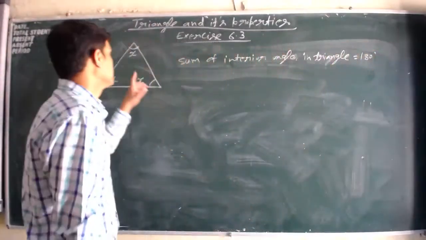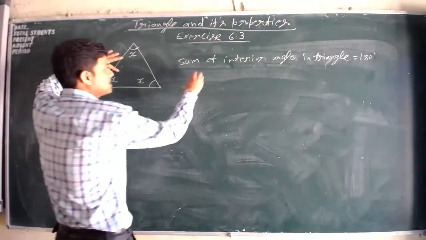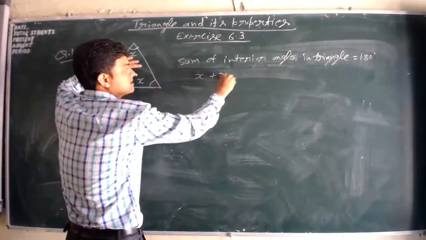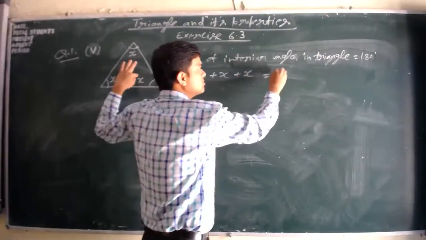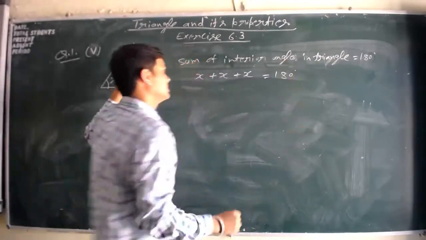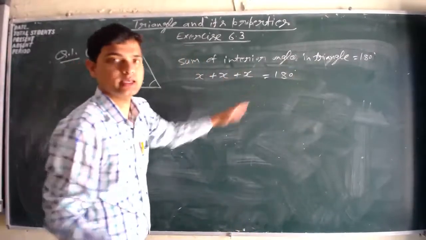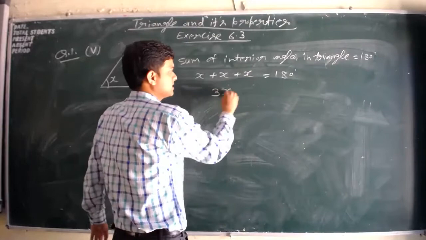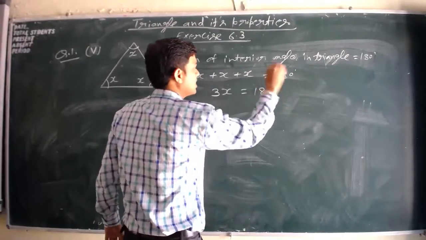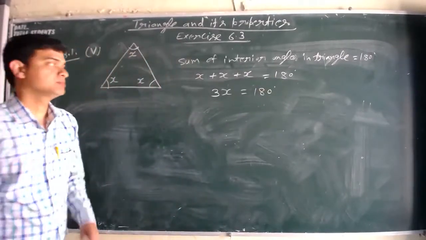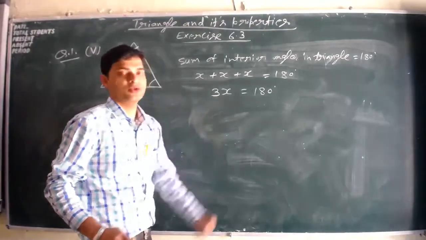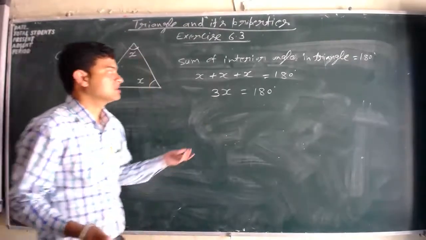We know that. Now the sum of these three, x plus x plus x is equal to 180 degrees. Now x plus x plus x is equal to 3x, equal to 180 degrees. Clear? Now we have to solve this equation. That is very simple.